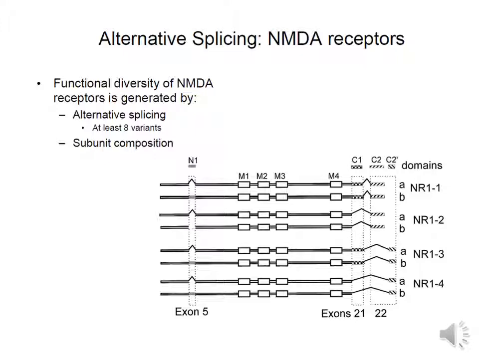Besides the different isoforms of the subunits that we can find within the NMDA receptors, there are also alternative splices for all of them, and up to 2 different splicing isoforms can be generated for every subunit. That generates a total of 8 different variants in subunit composition.